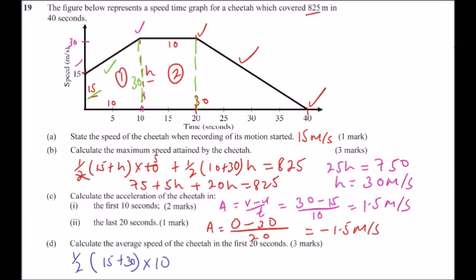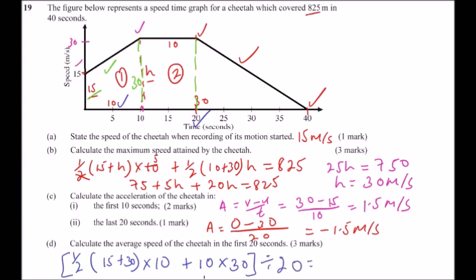This is 10 here, and then you add the area of the other one, which will be 10 multiplied by 30. So that is the total distance, the area under the graph up to where we have 20, and we divide by time. Time is 20 seconds.